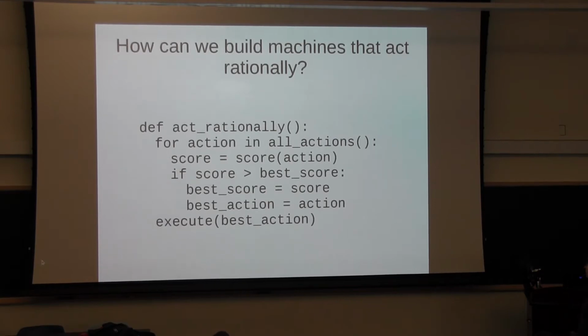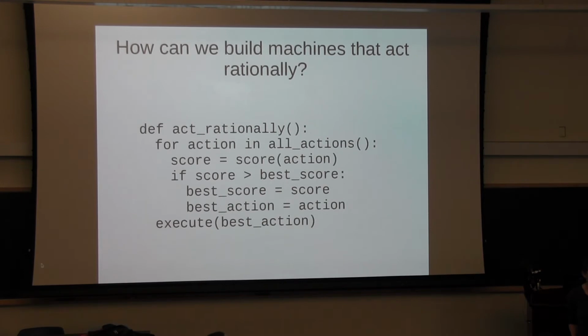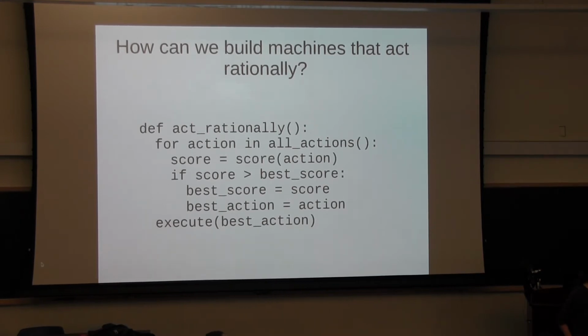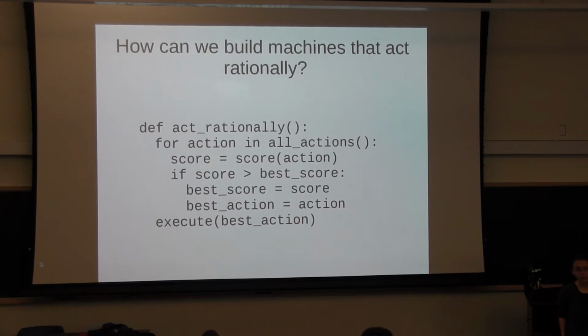And this is very abstract, right? We're going to search through all the different actions. We're going to somehow score the actions, and then we're going to pick actions that have a good score. And we talked about lots of different ways of carrying out that search, how we define the space of actions, how we can search deterministically or stochastically, how we can apply knowledge to search, to target our search in better parts of the search space, how we can define that scoring function.